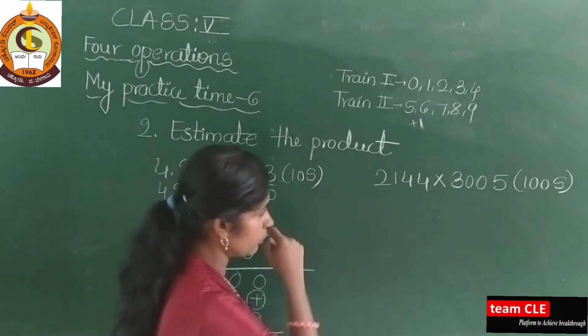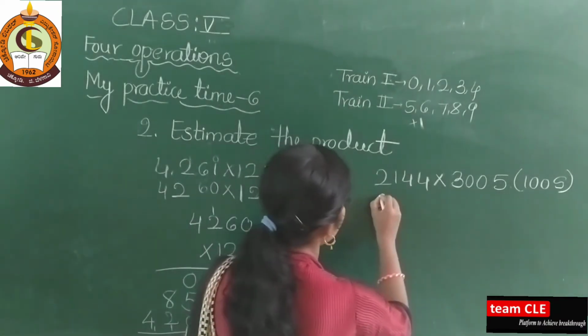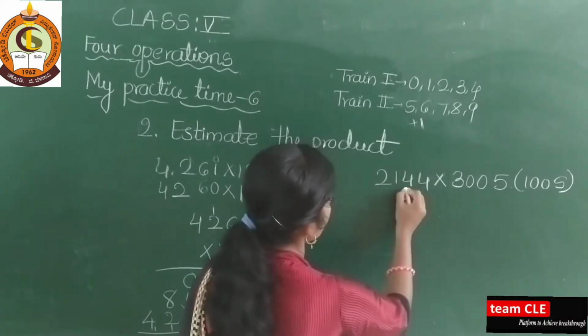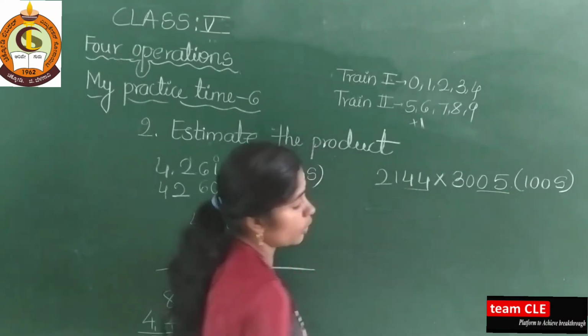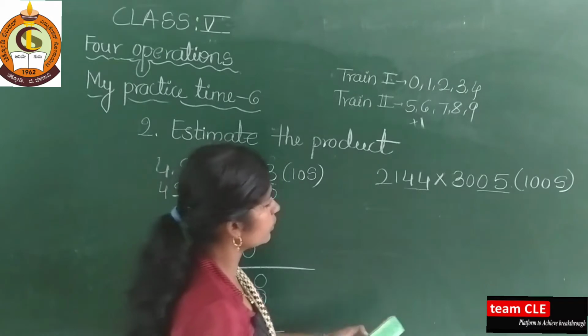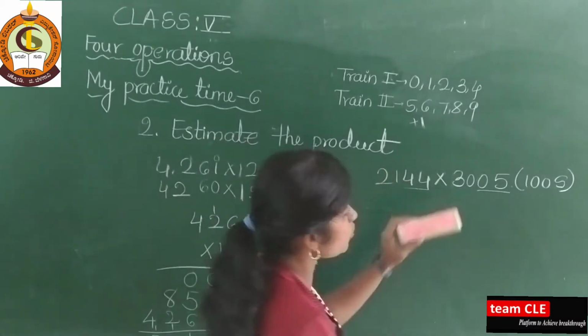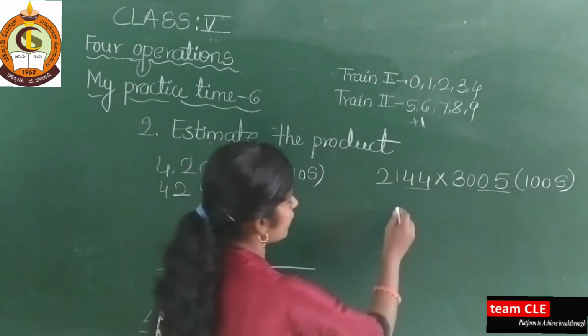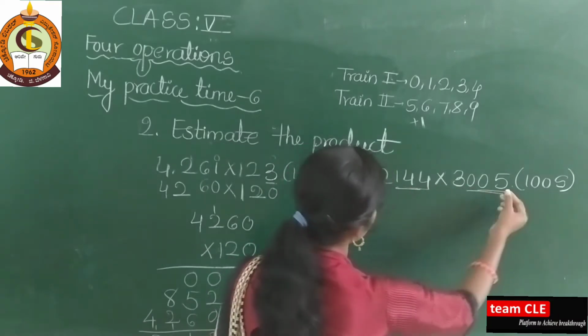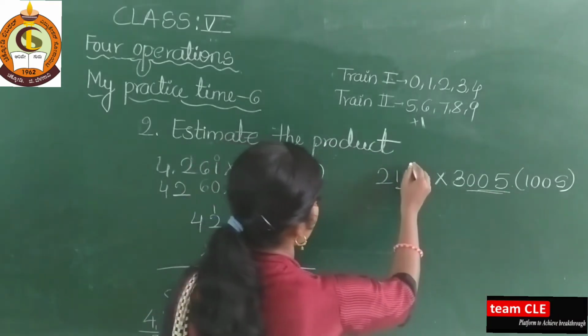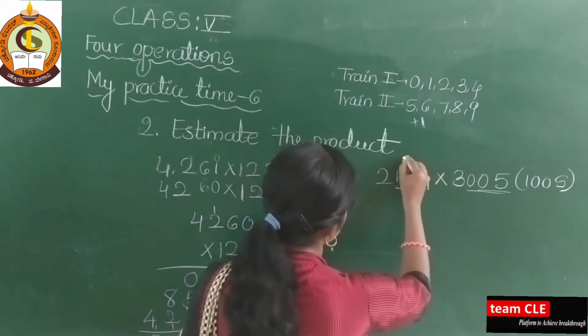Here I took one more example. See here 2044 and here 3005. So what to do here? Here it is nearest to hundreds, which means you see the last 3 digits, the tens place.